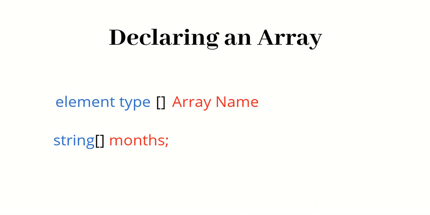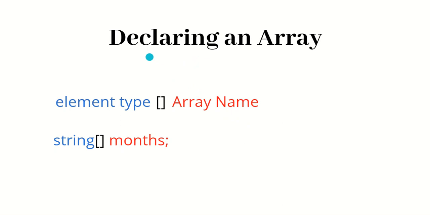If we create an integer array, then we can insert only integer values. Otherwise it gives an error. So again, an array is an indexed collection of a fixed number of homogeneous data elements. Now I think you have an idea about what an array is. Then we move to declaring an array.